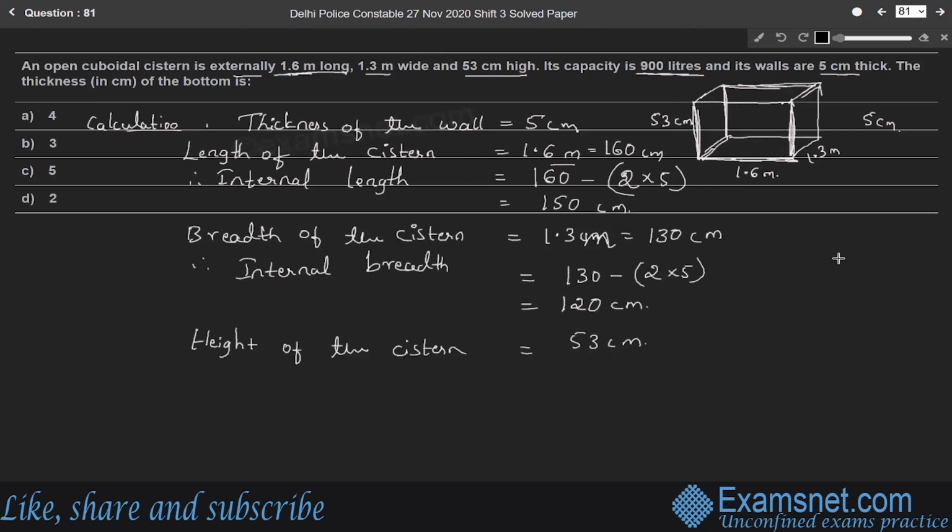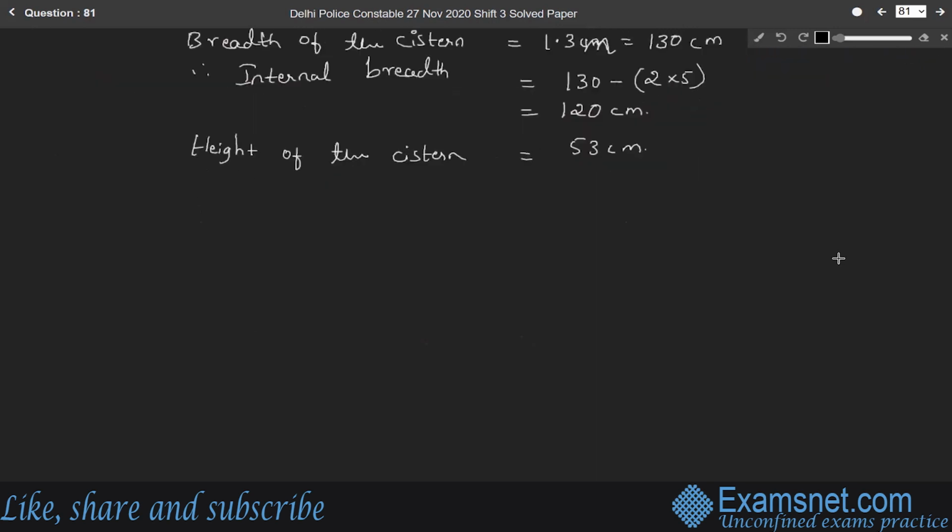So here, thickness of the bottom we have to find. Let the thickness of the bottom be x centimeter.